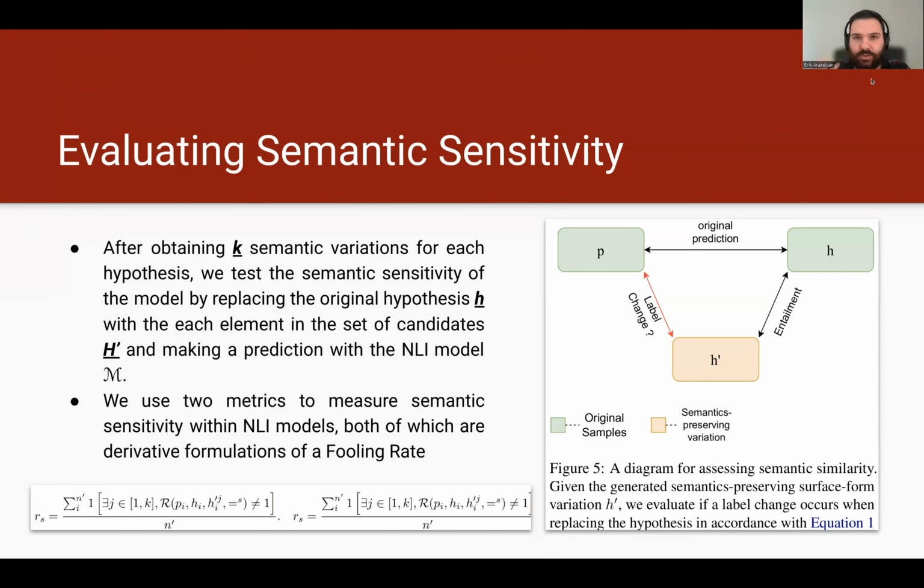We essentially try to see if there was a label change. And we use two very intuitive things for this. If the label was just changed, let's call it relaxed fooling rate. So if it was changed from the original prediction, then it's bad. We purely know it shouldn't happen. And then we also have strict fooling rate. What if it's flipped towards an opposing class? So what if it was an entailment, but suddenly after replacing, the model thinks it's a contradiction?